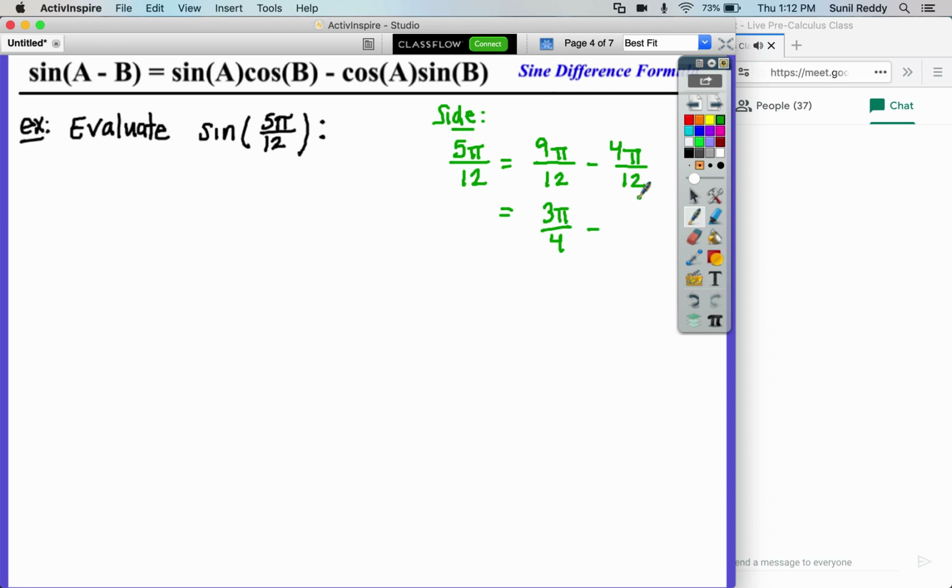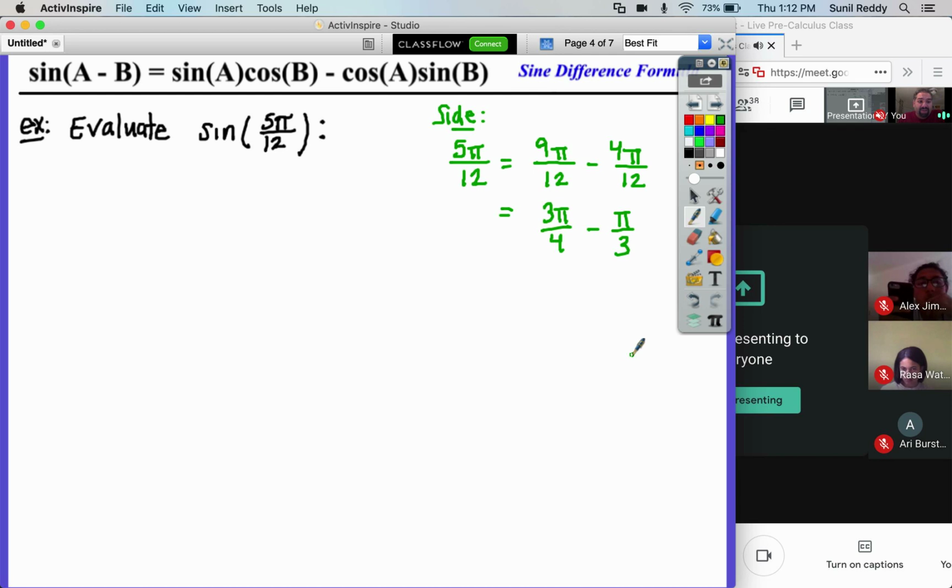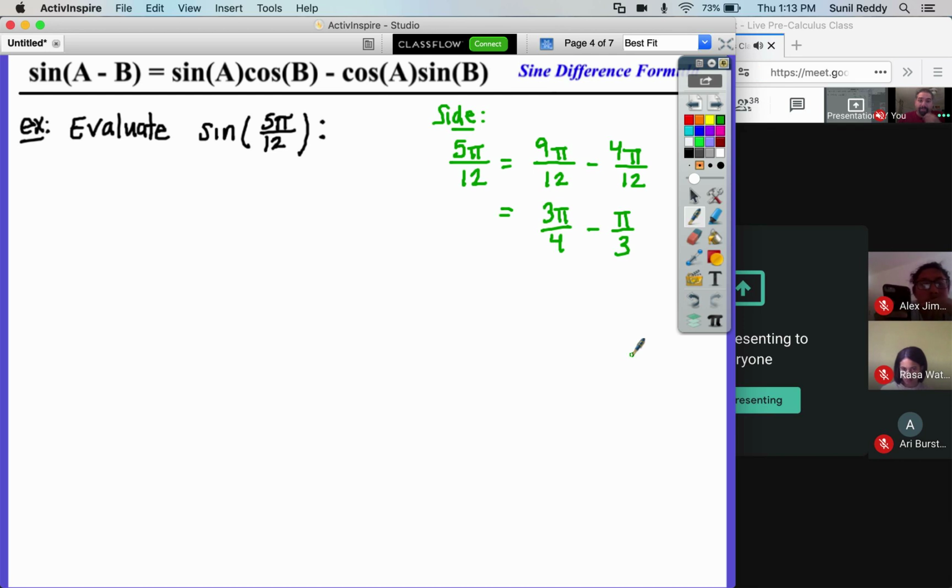And 4 pi over 12, when we divide out top and bottom by 4, gives us pi over 3, and that also is one of our special angles. We also could have used 8 pi over 12 minus 3 pi over 12. Both of those subtract to give 5 pi over 12, and both reduce to special angles as well. So there are lots of combinations you can try, okay?